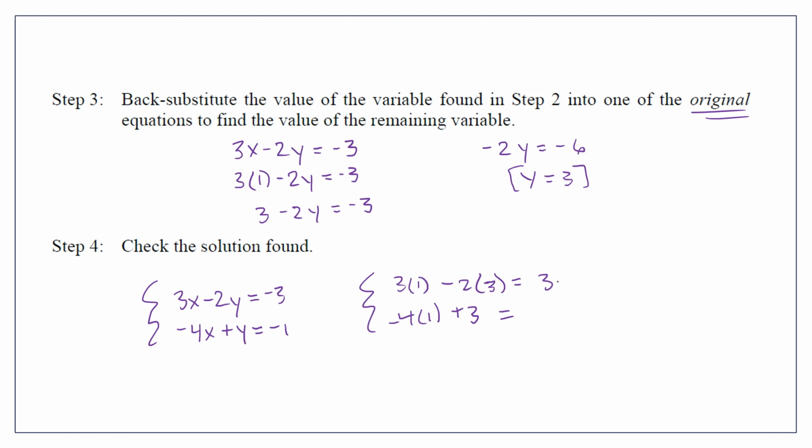So this would be 3 minus 6, which equals negative 3. That's correct. And we have negative 4 plus 3, which equals negative 1, and that is correct. So we know our solution then is going to be the point (1, 3).